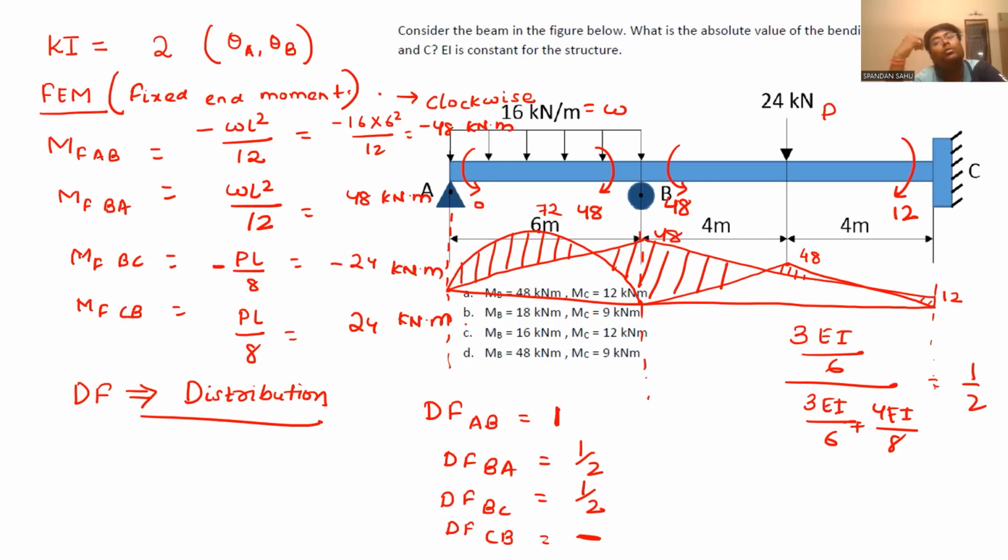Tell me what you want to say, be precise. After subtracting the positive and negative moments. Acha, you want to draw the complete bending moment diagram as it is, without superimposing?